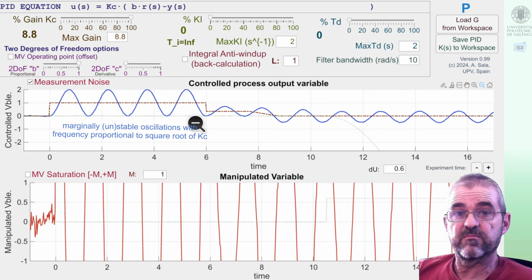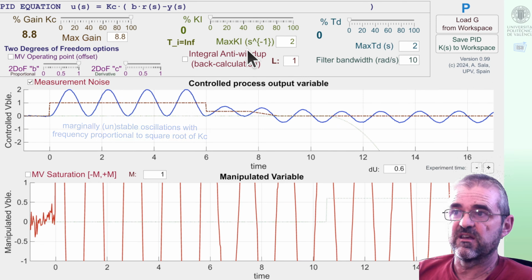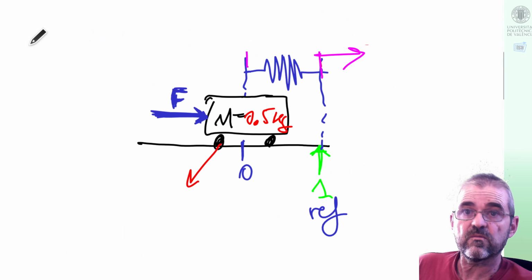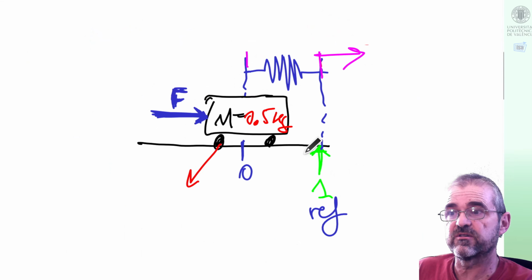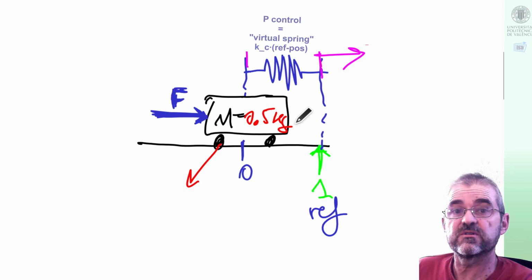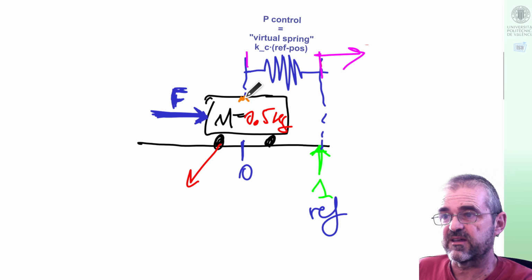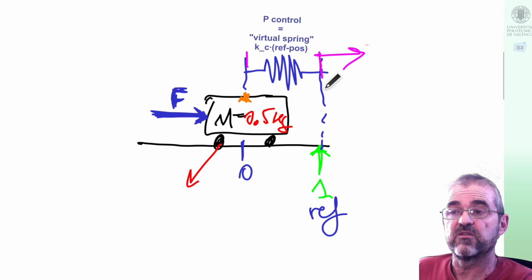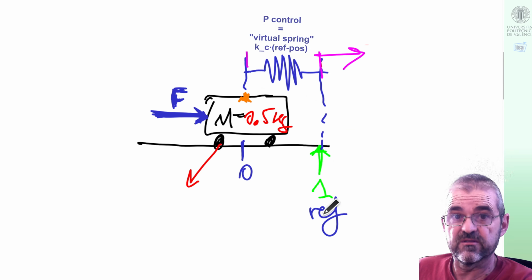Of course, this can be predicted in theory, but intuition can also help us in thinking on this behavior because, well, what is proportional control? It is something which exerts a force proportional to the error. So we can imagine having a virtual spring connected to the center of my mass I wish to position and to the set point.